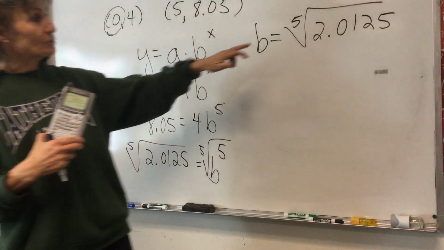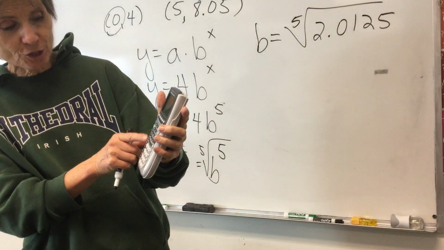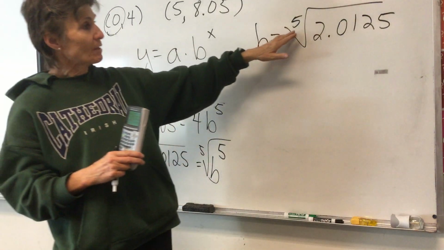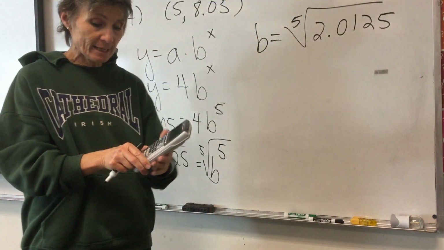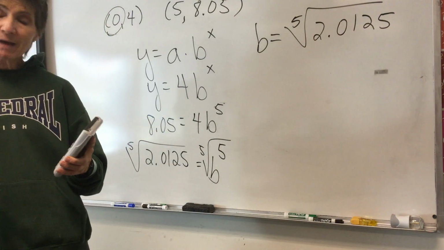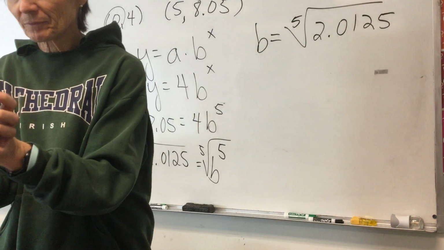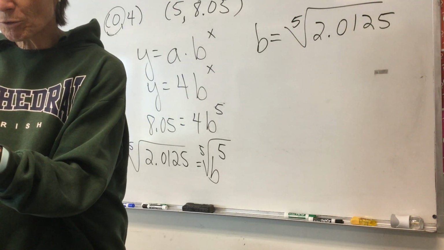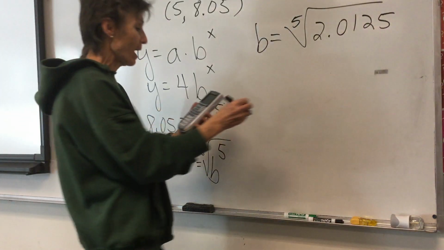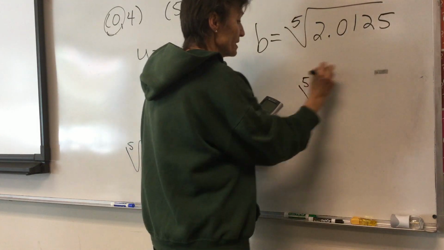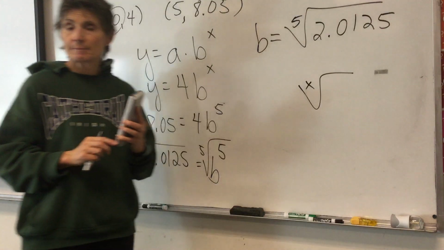The first thing you have to do, unless it's a square root, is tell the calculator what root you're taking. If it's a square root, you're just going to use your square root button. But if it's some other root, the first thing you have to do is tell the calculator what root you're taking. So I'm going to type 5. Do that first. Type the 5 first. Then go to math. I don't know if you can see where my fat finger is pointing, but your math button. And down the list, for me it's number 5, you see this key.